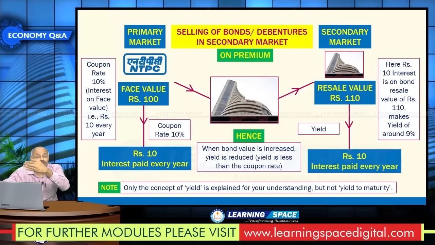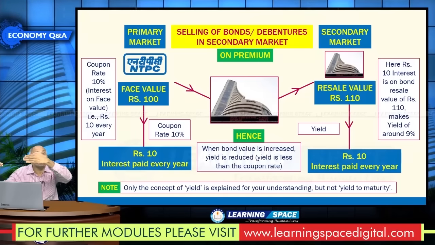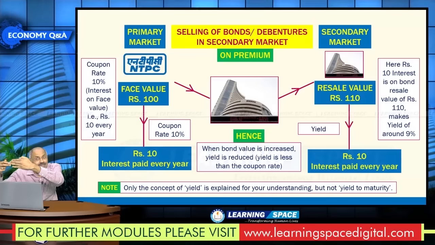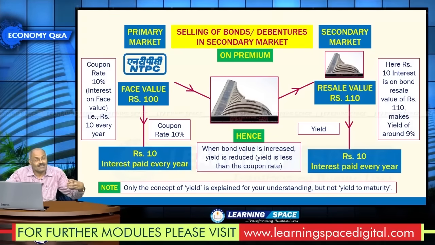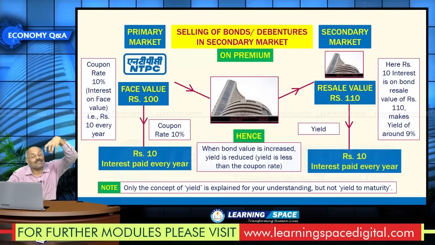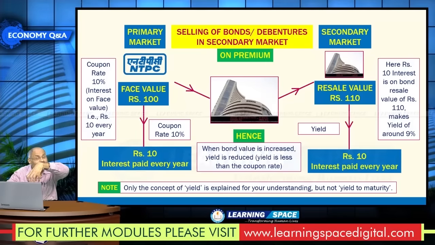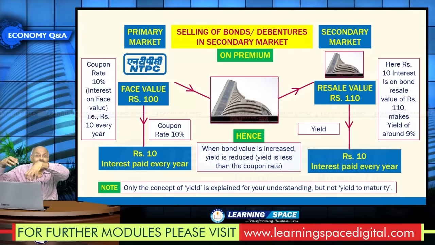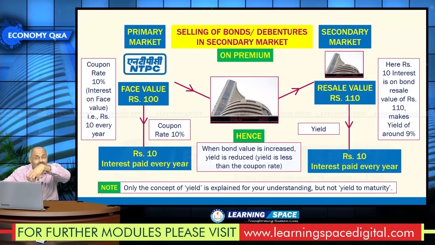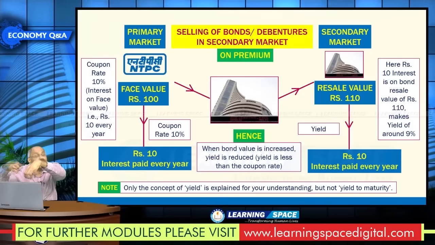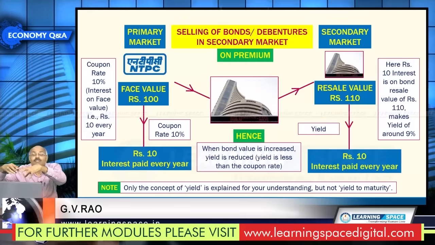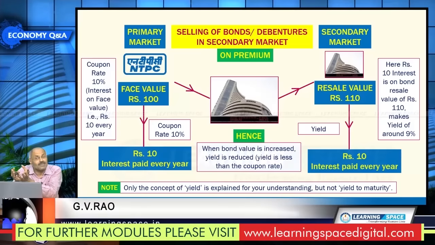That means in comparison to the coupon rate, his yield will be less, because on a 100 rupee bond I am getting rupees 10 as interest. When he purchases in the secondary market at rupees 110, his interest will be 10 only. That means his yield will be around 9%, that is 10 rupees out of 110. He is investing 110 and getting interest of rupees 10. That's why his yield is just around 9%.